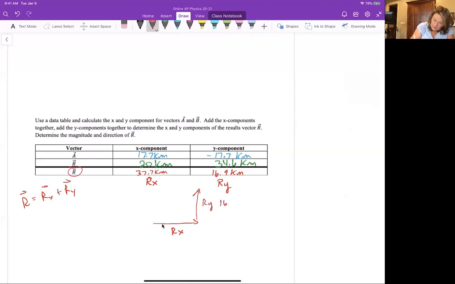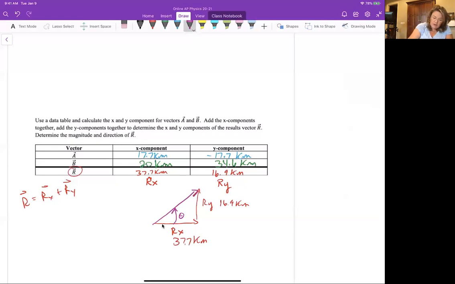So this is 16.9 kilometers. This is 37.7 kilometers. And then draw the resultant vector. Start at the origin, go to the final location. Now I know my angle. That angle is the angle above the positive x-axis, or the angle north of east.